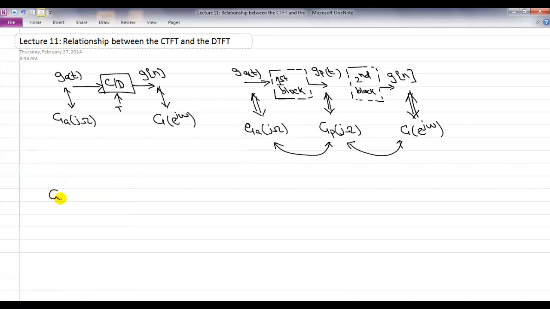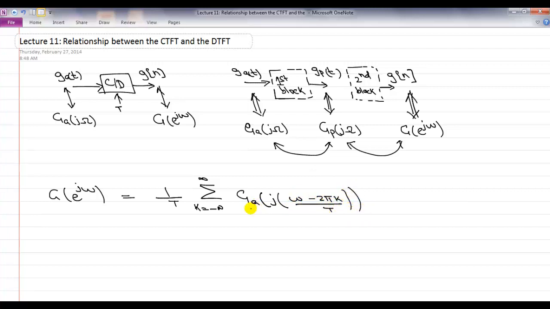The relationship that came up was this: G(e^{jω}) equals 1 over T, summation k from minus infinity to infinity, G_a(j(ω minus 2πk)/T).